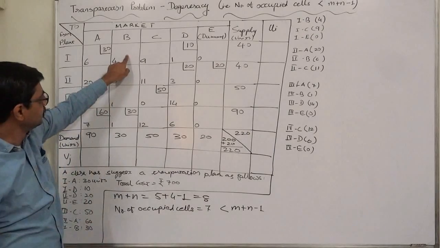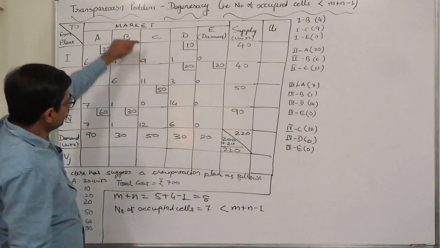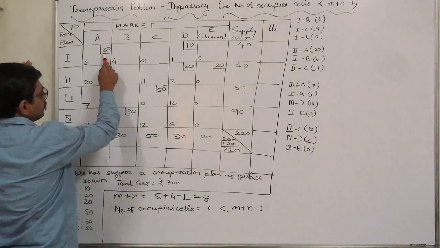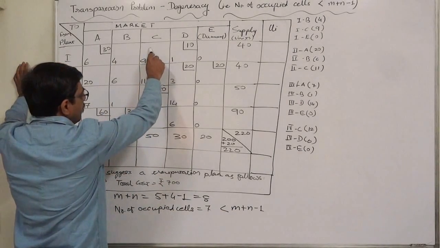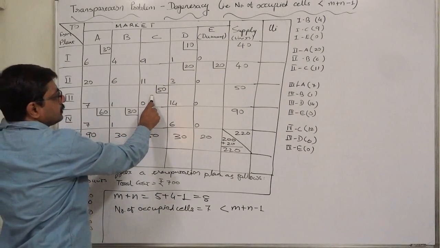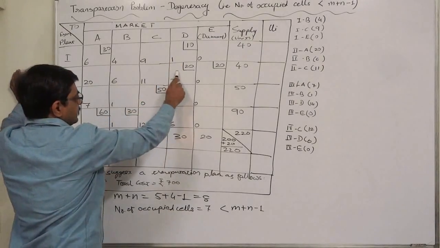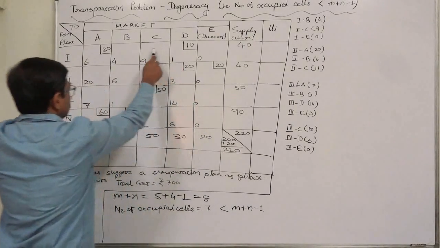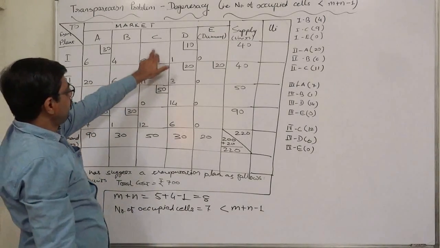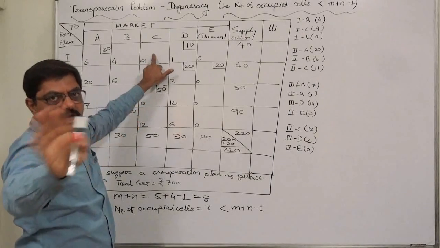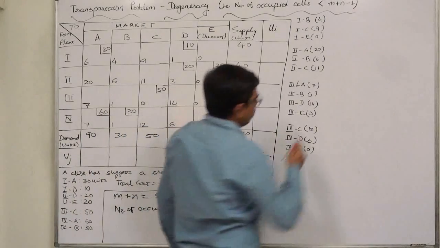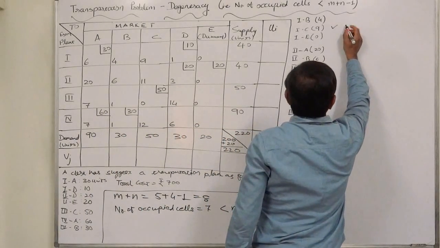So it doesn't qualify. 1C, if we start a closed loop from here, either we have to go here or there. First turn, second turn, third turn, that's all. That means from this cell we cannot trace a closed loop. So 1C qualifies. Yes, this is independent.